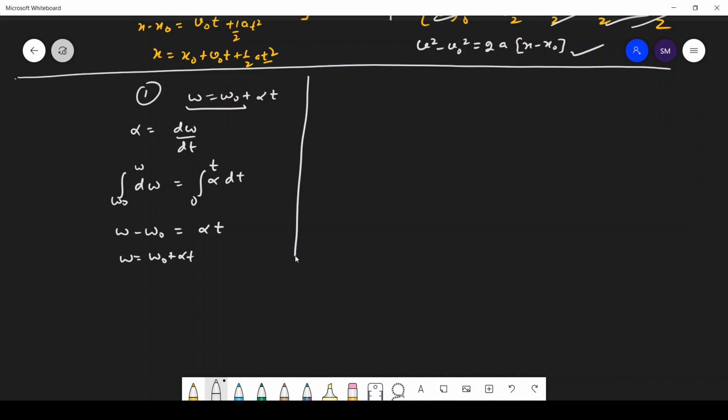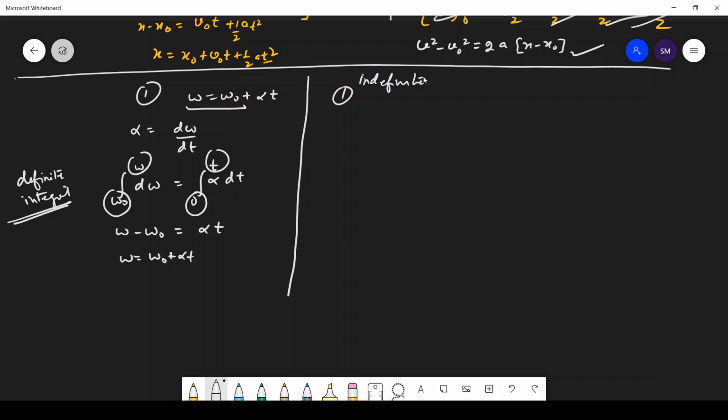Now, I was using a definite integral over here. Definite integral means the integral with the limits. Now let us derive it using an indefinite integral, without limits.